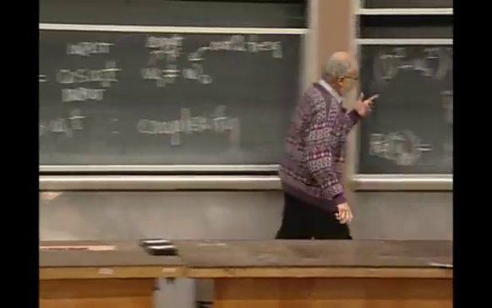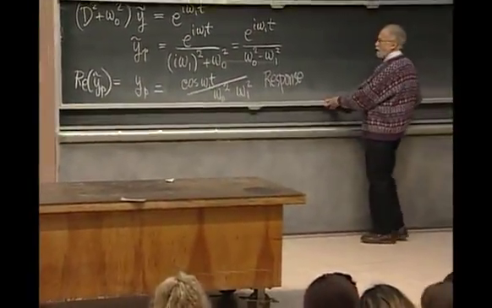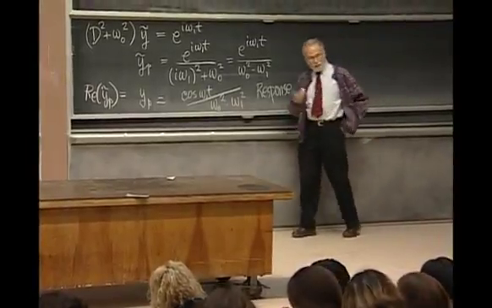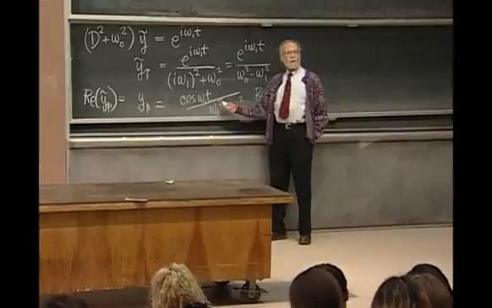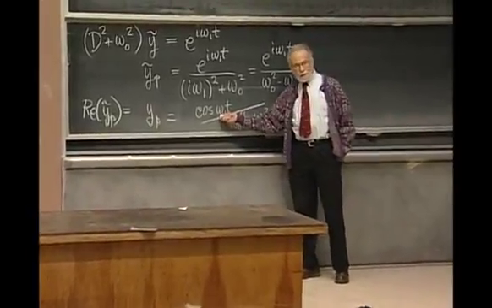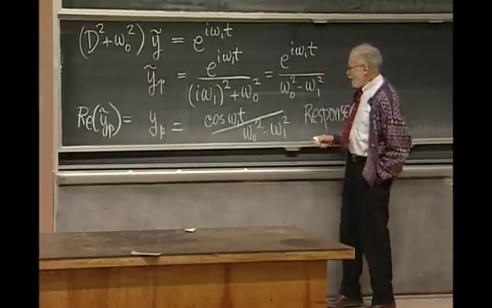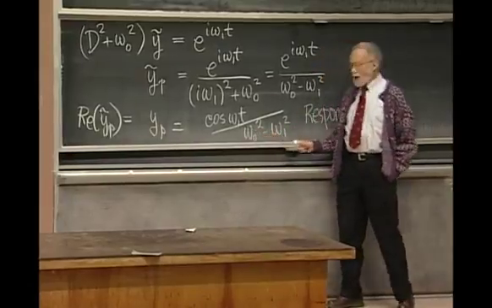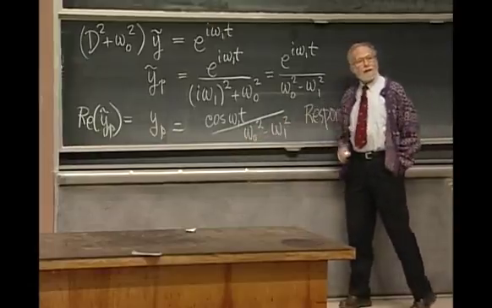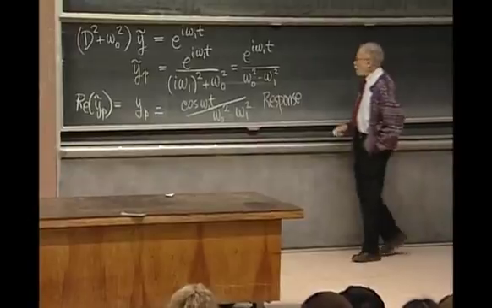Well, in other words, what one sees is that regardless of what natural frequency the system wanted to use for itself, at least for this solution, what it responds to is the driving frequency, the input frequency. The only thing is that the amplitude is changed, and in a rather dramatic way, depending on the relative sizes of omega 1 and omega naught.